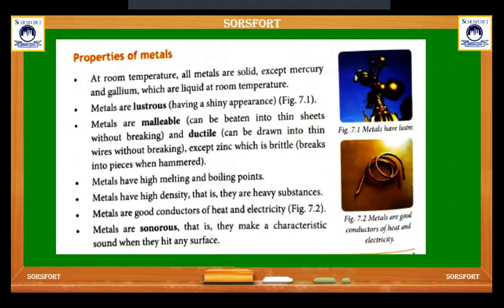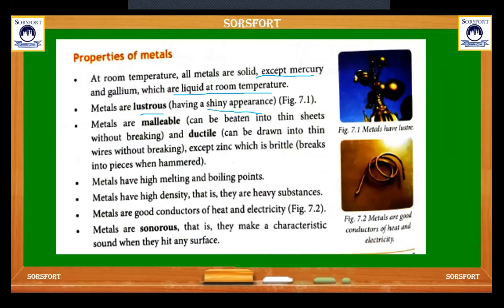Then come to the properties of metals. In the beginning of the slide, I told you some properties of metals. At room temperature, all metals are solid except mercury, which is liquid at room temperature. Metals are lustrous, meaning having a shiny appearance.